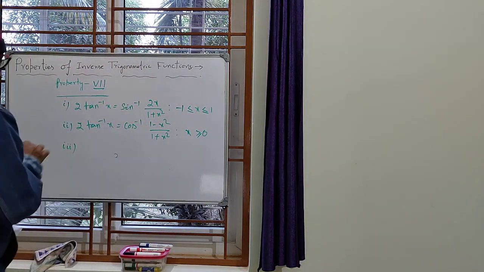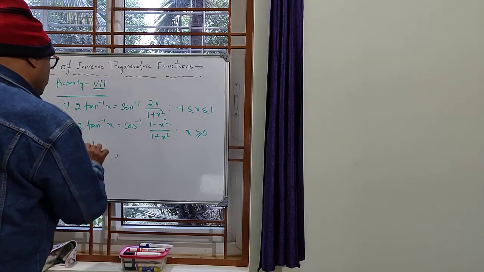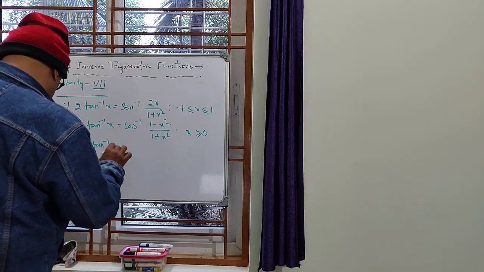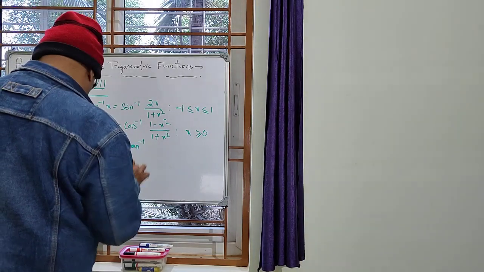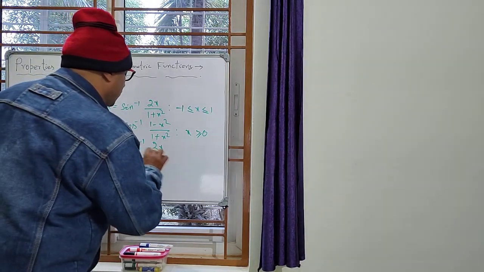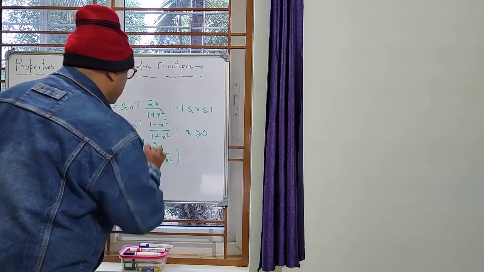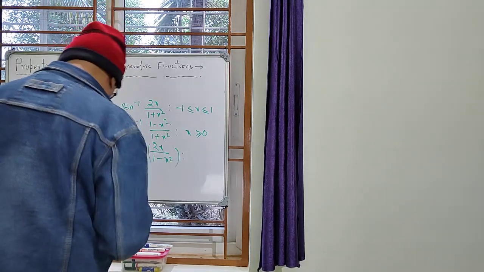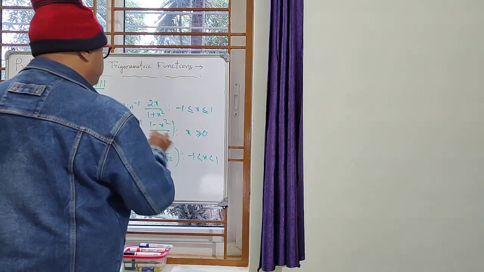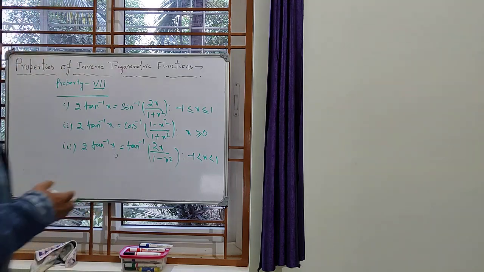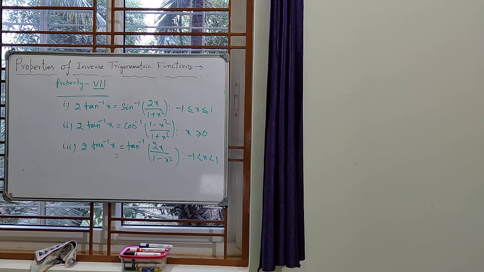Third one, 2 tan inverse x equals tan inverse of 2x by (1 minus x square), where minus 1 is less than x less than 1. These are all properties of inverse trigonometric functions.